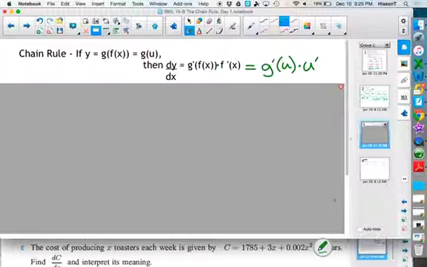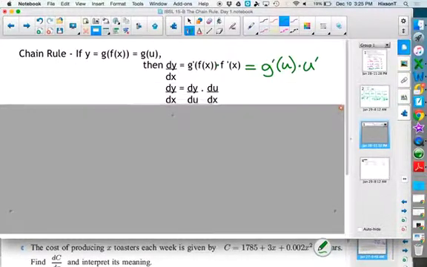Now, let's take a look at the other notation, dy dx. Sometimes people think this one is a little easier to understand. Dy dx is dy du times du dx. In other words, the derivative of y with respect to x is the derivative of y with respect to u times the derivative of u with respect to x.